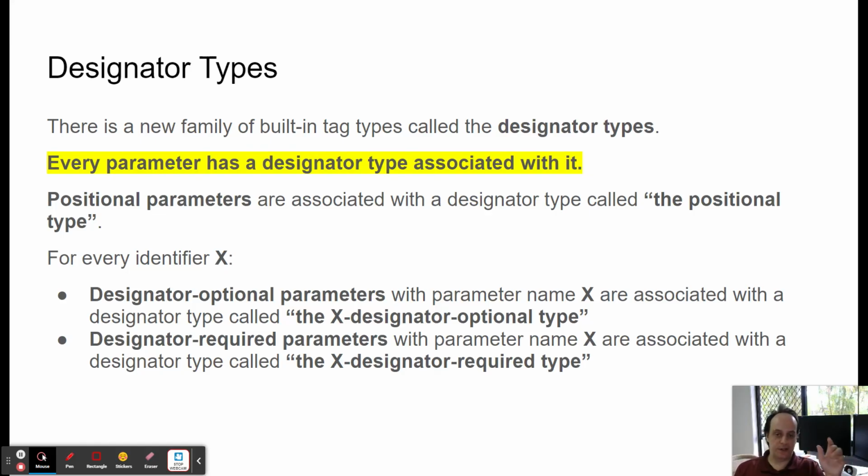Same story for designator required parameters: parameters with name x are associated with the x designator required type. So basically, a designator type encodes the parameter kind and, for designatable parameters, the parameter name.